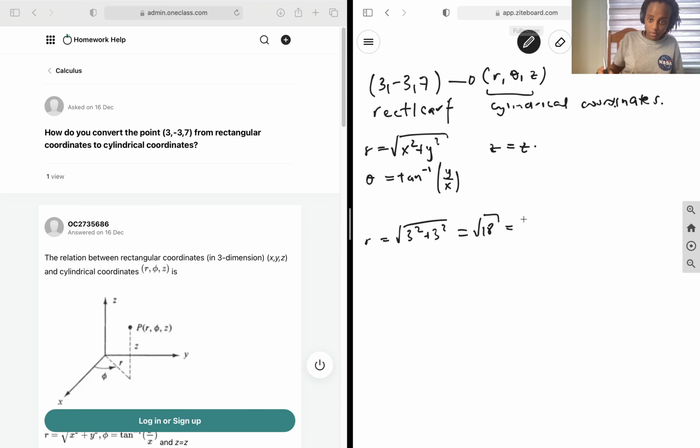And that is going to give us 3 root 2, because this is simply 9 times 2, and this becomes that 3. Theta is going to be the inverse tan of negative 3 over 3, and that is going to be inverse tan negative 1, and that is going to give us negative pi over 4.